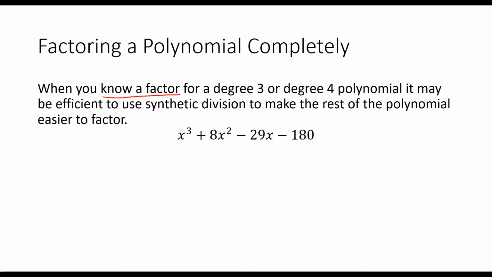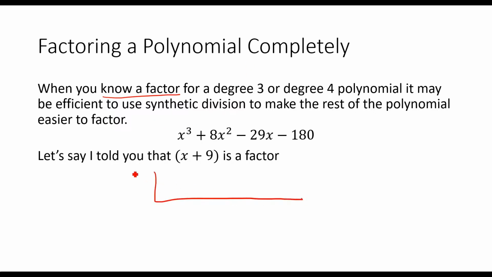So let's say you had something like this: x cubed plus 8x squared minus 29x minus 180. What if I told you that x plus 9 is a factor? Well, if you know that x plus 9 is a factor, then take x plus 9, set it equal to 0, and solve for x.